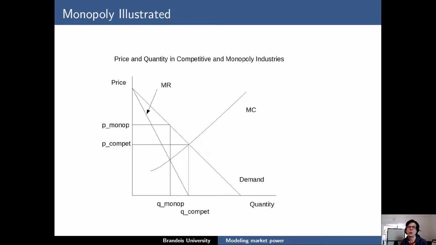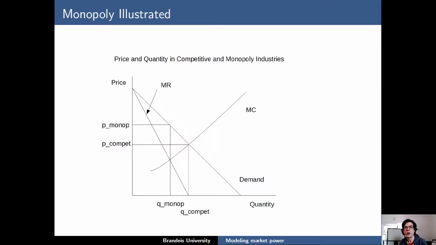Now, what we see on this graph is that there's a competitive price, which is P underscore compet on the y-axis, and a competitive quantity, so a Q underscore compet on the x-axis. And this would be, if this market was a market of perfect competition, what the price would be and what the quantity supplied by firms would be in this market.